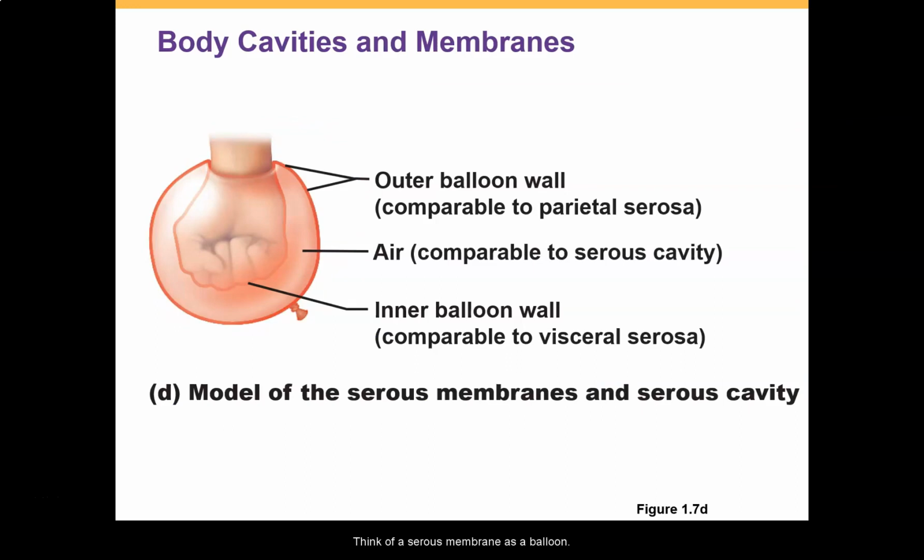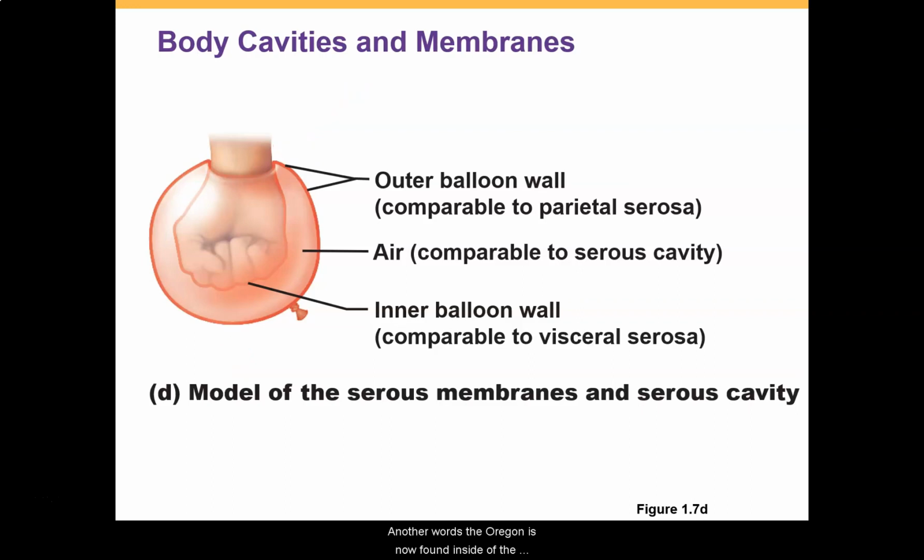Think of a serous membrane as a balloon. Of course, the balloon has a rubber layer. A serous membrane protects organs as if, in this case, we're going to use a fist and a balloon as an analogy. If you push your fist through a balloon, the outside rubber now hugs the hand itself.